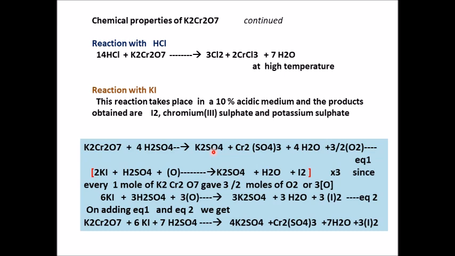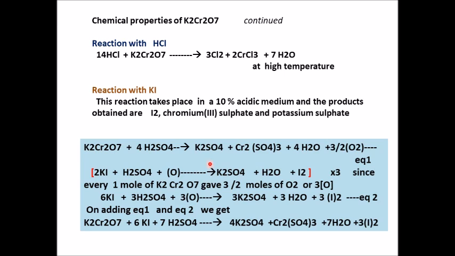We can break down the reaction into steps and see how KI is first oxidized by one of the oxygens liberated by K2Cr2O7 in acidic medium to give I2, and then there are 3 such nascent oxygens liberated.